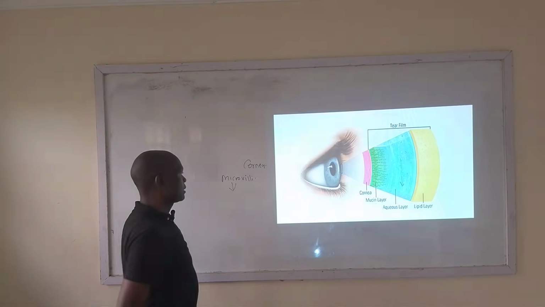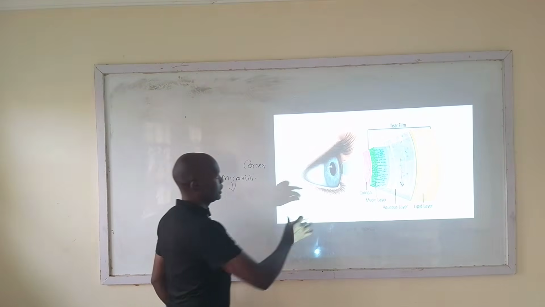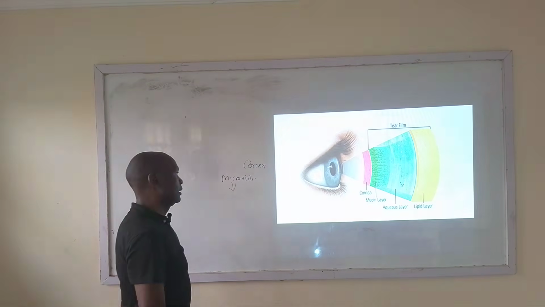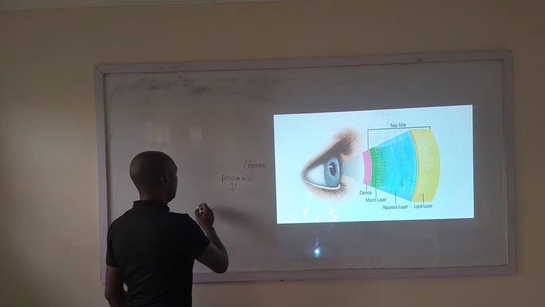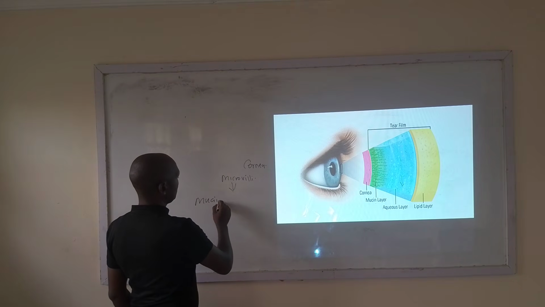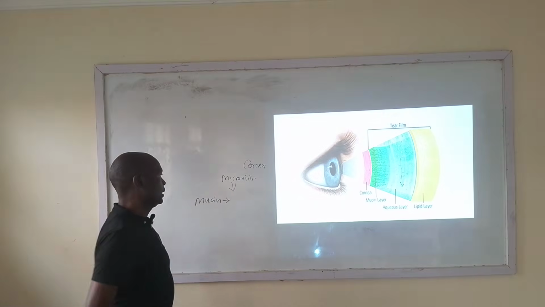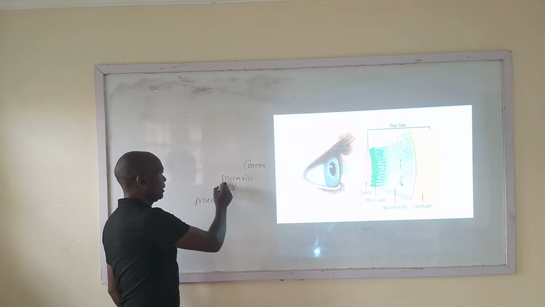It is these microvilli upon which the tear film is anchored. The innermost layer is the mucin layer. This is the layer that is in direct contact with the microvilli.